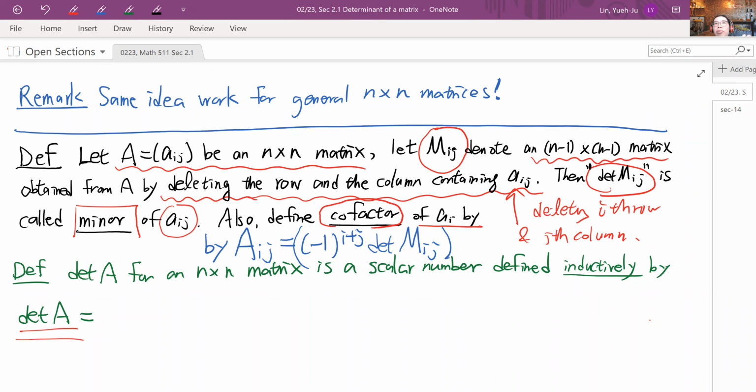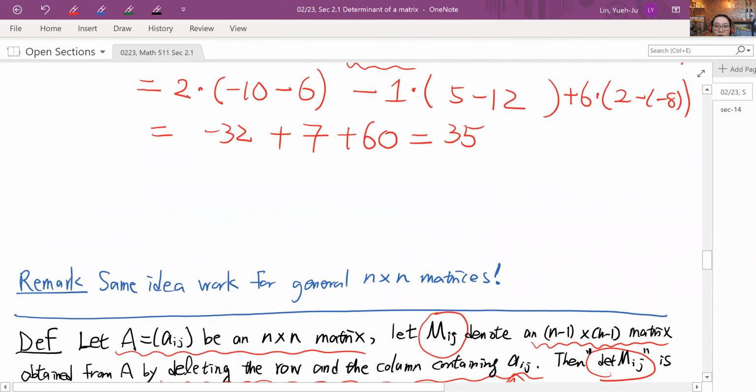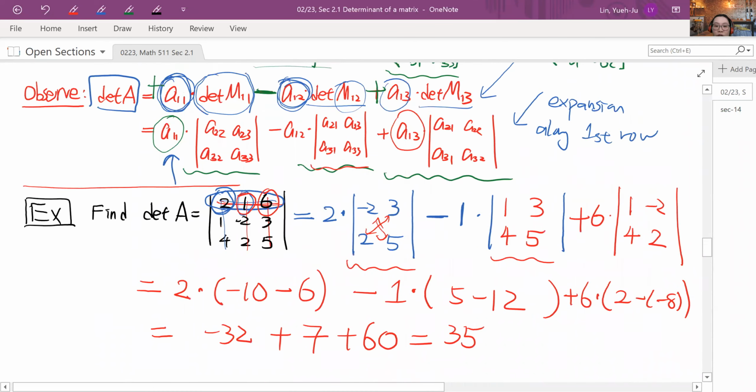So for example, remember back then, if we encounter A12, there's a negative sign. As you can see, because for A12 the indices are 1 and 2, 1 plus 2 is 3, so you will have -1 to the third, that's a minus. That's why if you go back and look at A12 here, you can see that in front of A12 there's a minus sign.